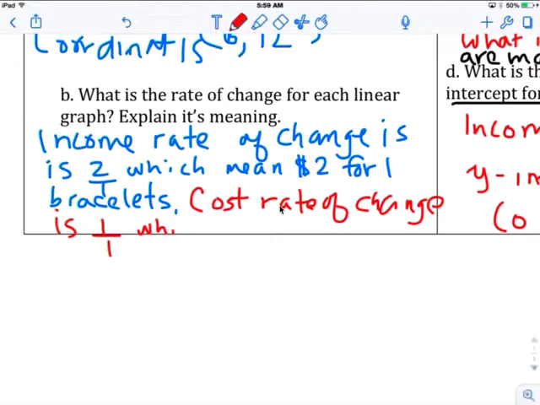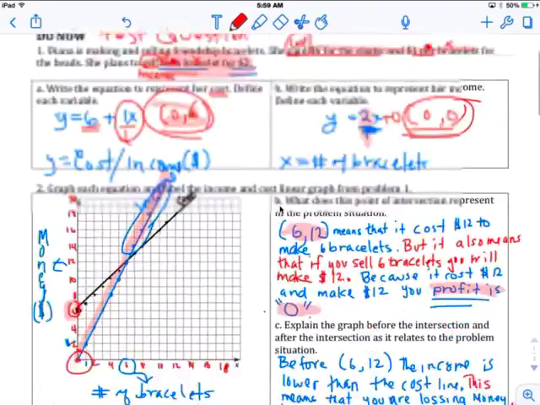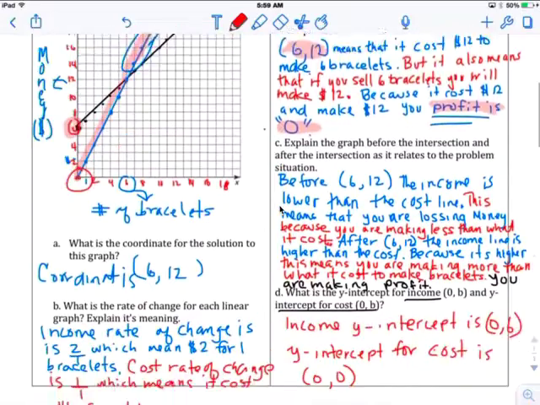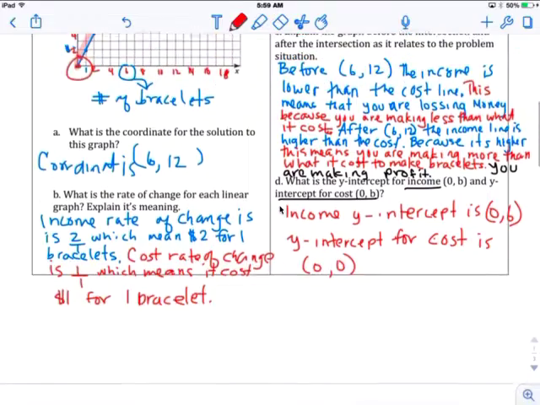Which means it cost $1 for one bracelet. $1 per bracelet. You can write it that way too. Okay, and that's how you do that one.